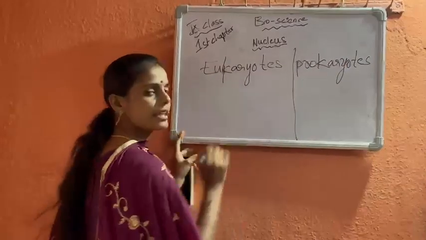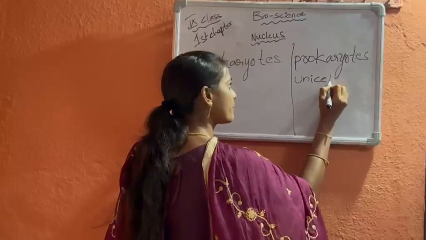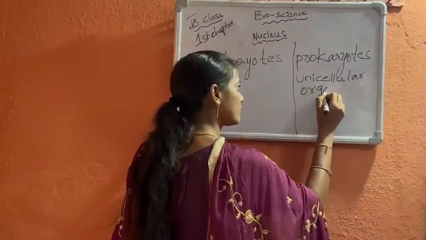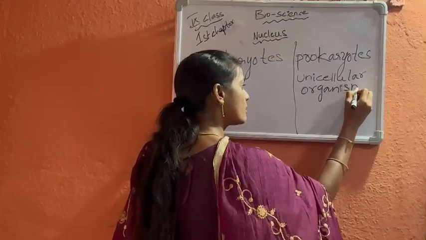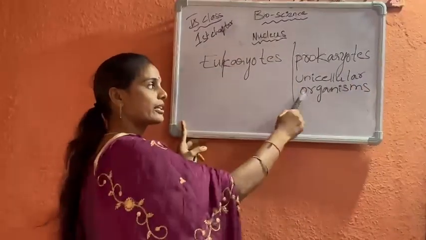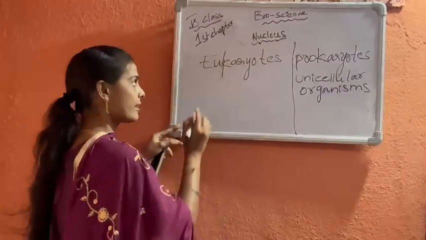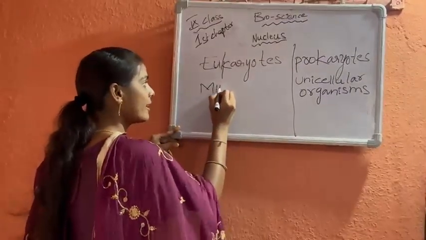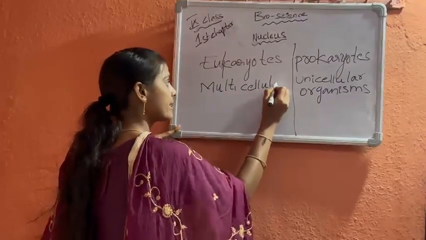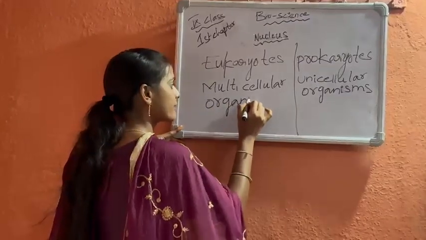Prokaryotes are also called unicellular organisms because they are made of only a single cell. Eukaryotes are called multicellular organisms because they are made of many cells.